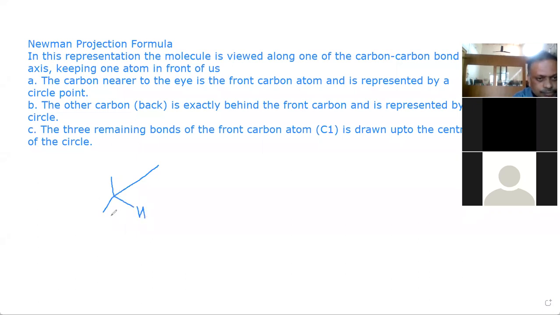H. This is the Sawhorse projection formula. It converts into Newman projection. One is the front carbon atom. The circle is the back carbon atom.